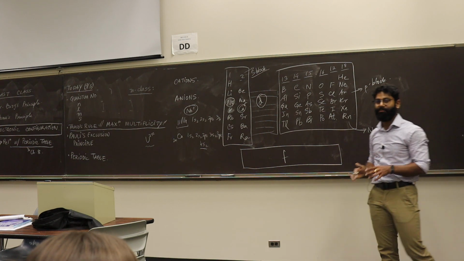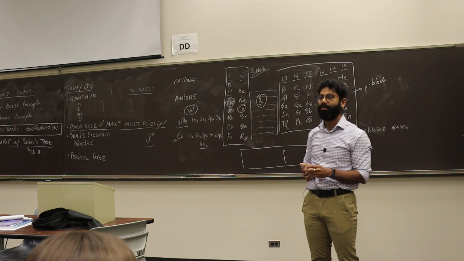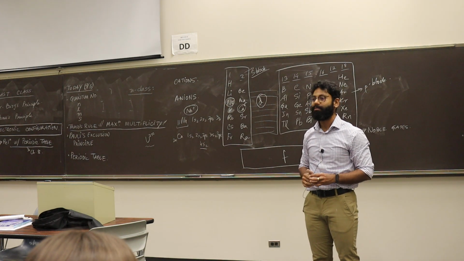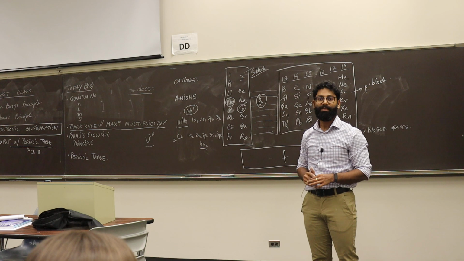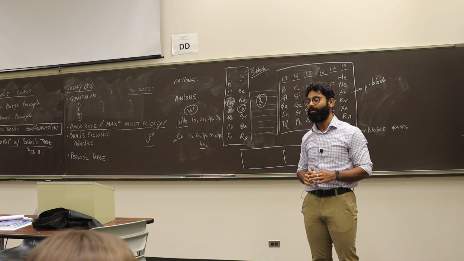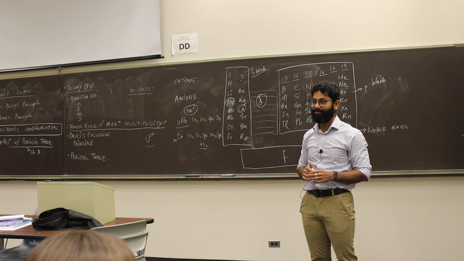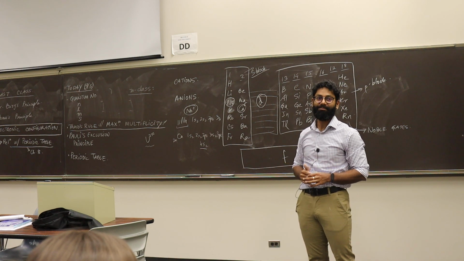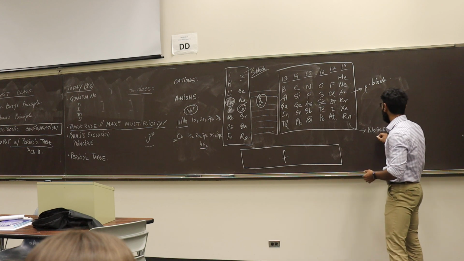They're not reactive under normal temperature and pressure conditions, but they're not inert. They will react when pushed. They're noble, but they are not cowards. They will fight back when the time comes. So we went from inert to noble gases.